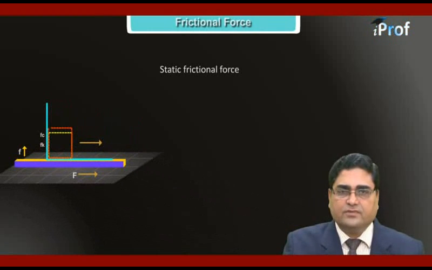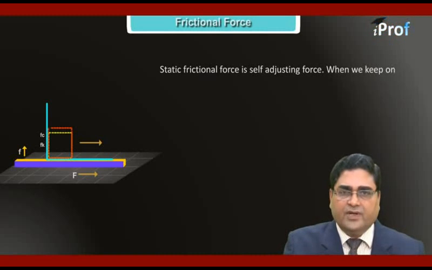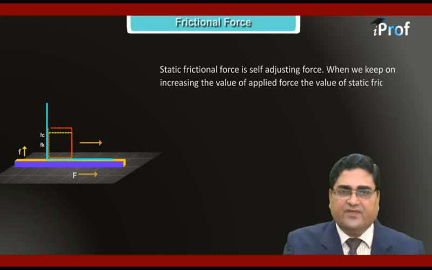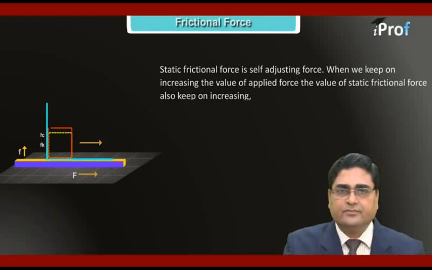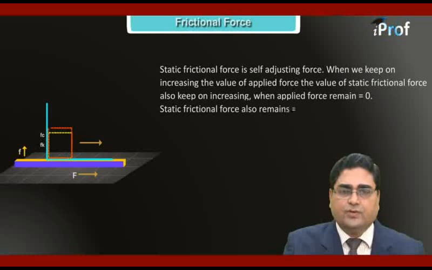Static frictional force is a self-adjusting force. When we keep on increasing the value of applied force, the value of static frictional force also keeps on increasing. When applied force is zero, static frictional force also remains zero.